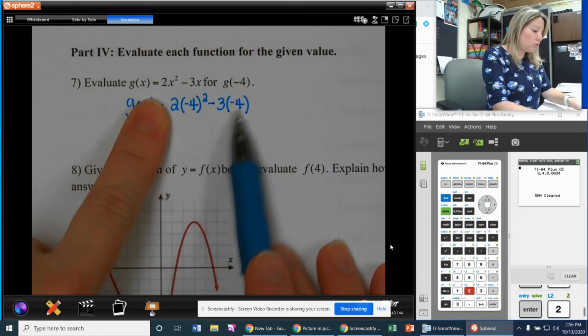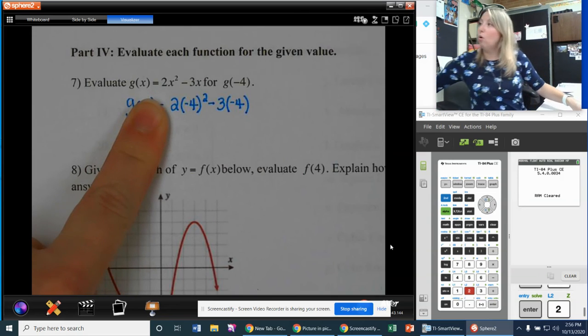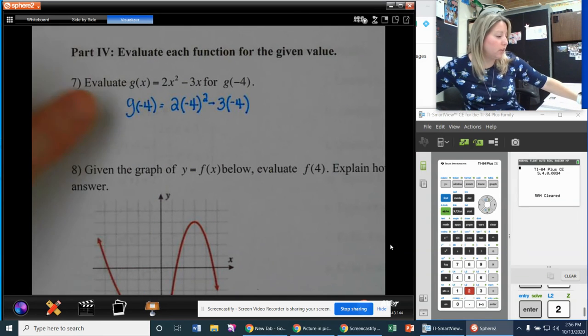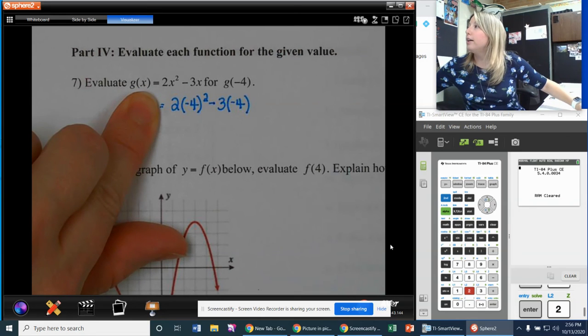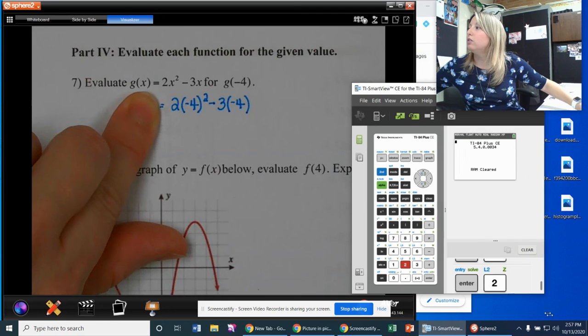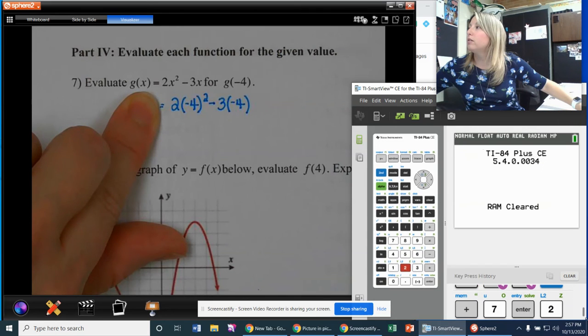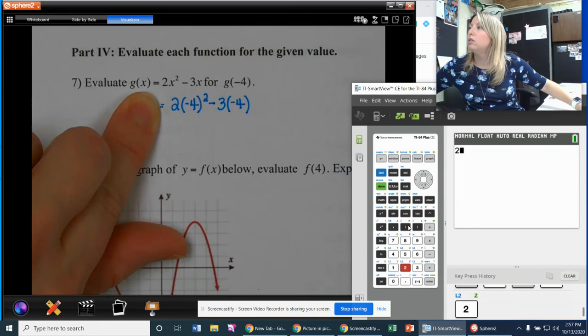Now, I could do this in my head, or I can come to my graphing calculator. This is just telling me what I subbed in, which was -4. Okay. I can come to my graphing calculator over here. Just going to increase its size a little bit. Okay. So now what I'm going to do is I'm going to plug in 2 times -4 parentheses squared.